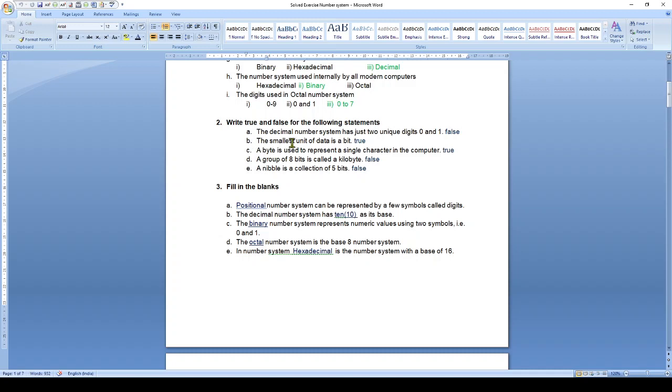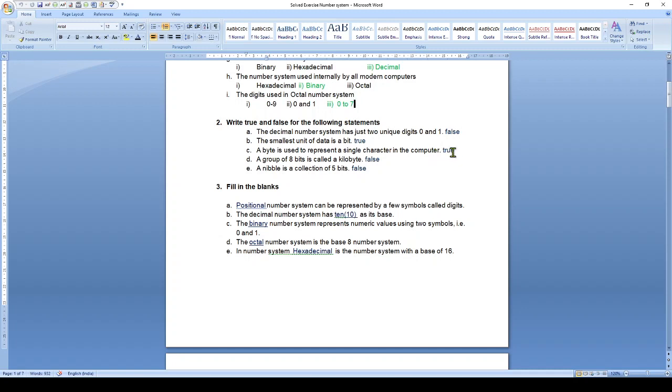B. The smallest unit of data is a bit. It is true. The smallest unit of data is a bit, that is either a 0 or a 1, that a computer can understand. A byte is used to represent a single character in the computer. It is also true.